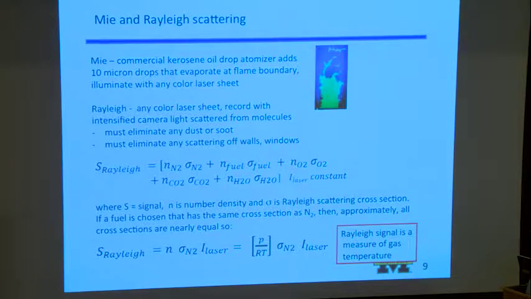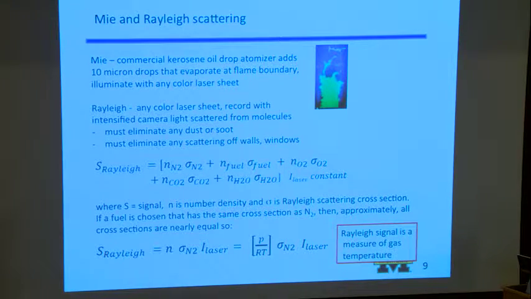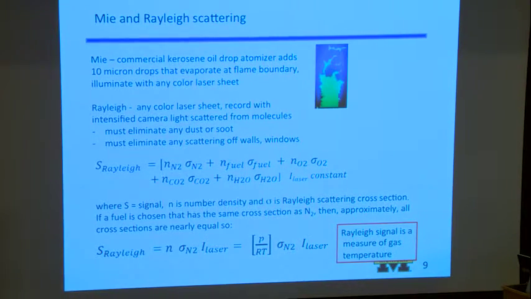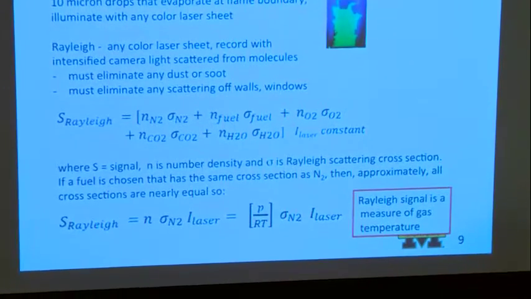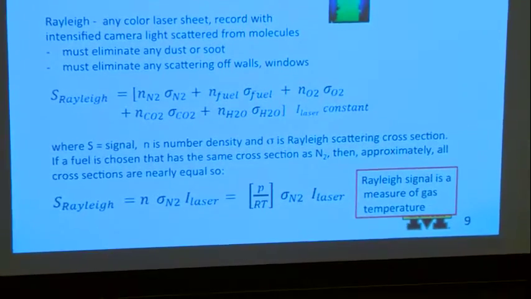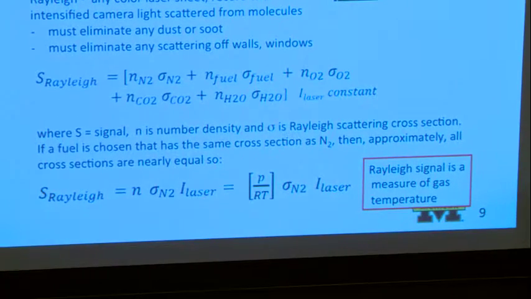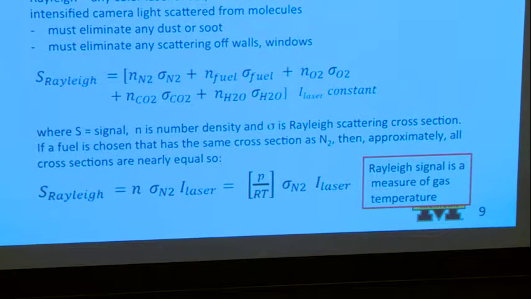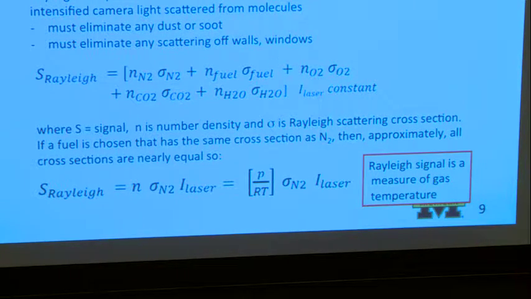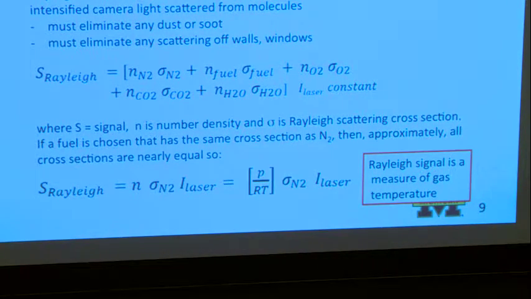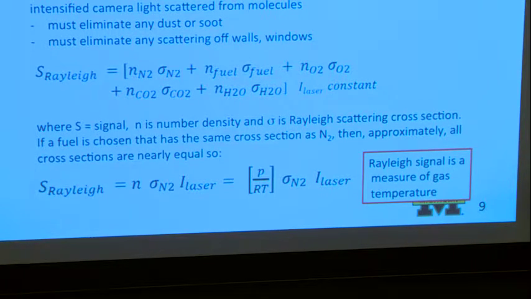So if you do that, then you get this equation at the bottom that says that if all the sigmas are the same and equal to sigma of N2, all the little n's add up to the total n, the number density of the mixture, and the number density of the mixture at any point is P over R_U T, where R, I should have put a subscript, is the universal gas constant, not the gas constant for any particular gas.